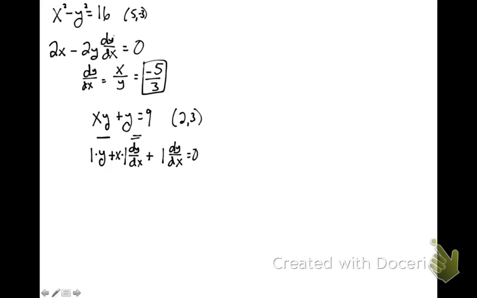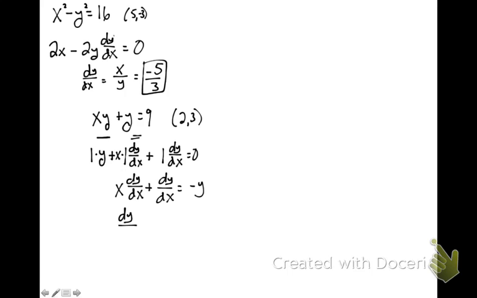I'm going to gather all my dy/dx's on one side. So that means I will have x times dy/dx plus 1 dy/dx is equal to negative y. And to get dy/dx alone, I'll need to factor it out.